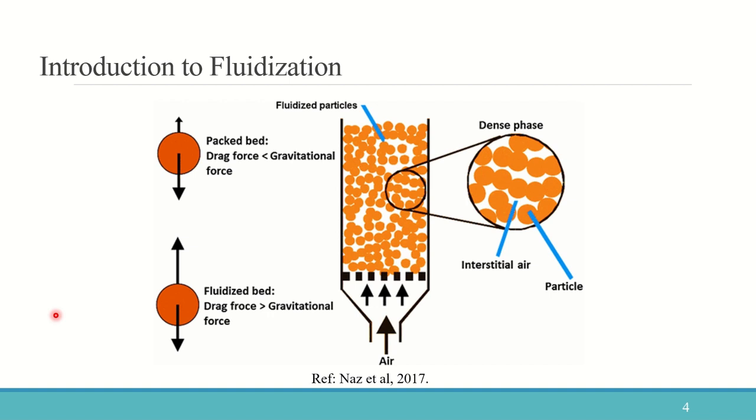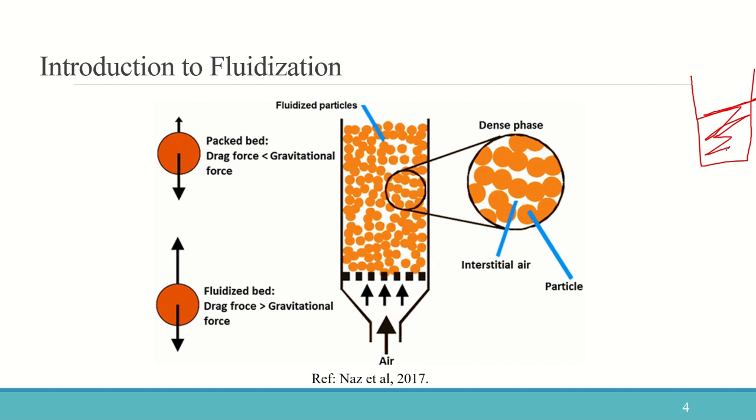Fluidization is nothing but, we have a system with packed particles inside the bed, and we pass air through the bottom. This is what I call a distributor. Initially the bed would be packed, consider this as a packed bed.